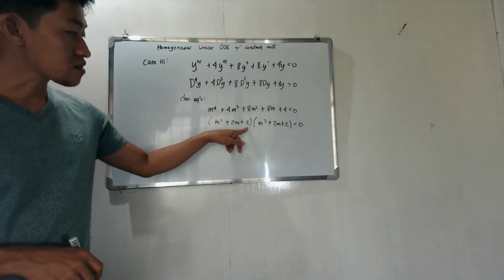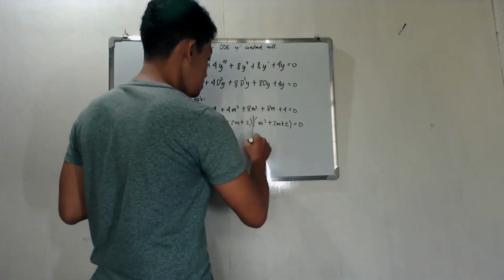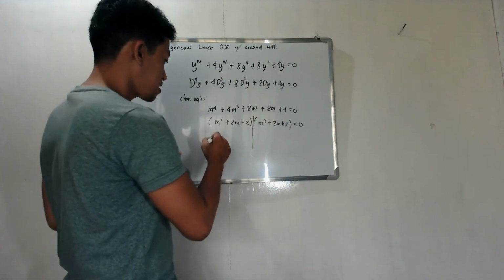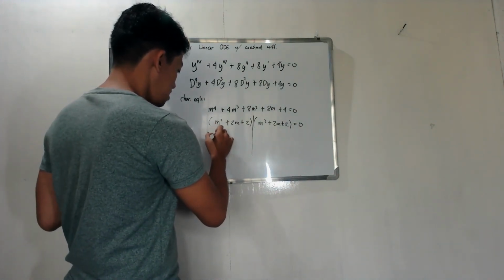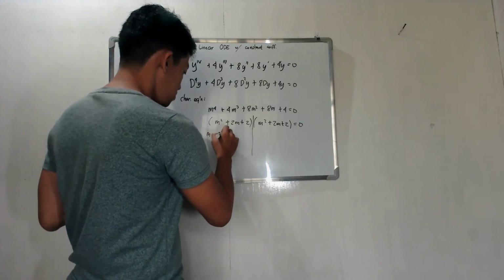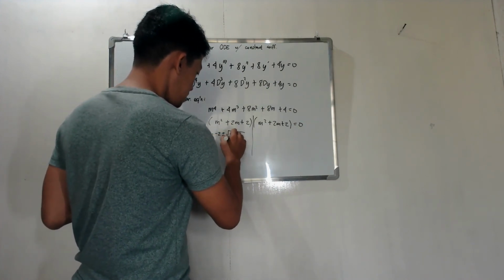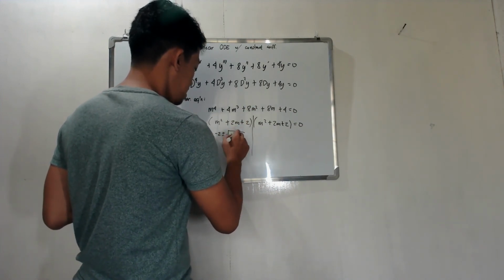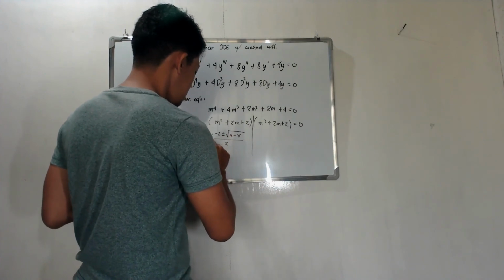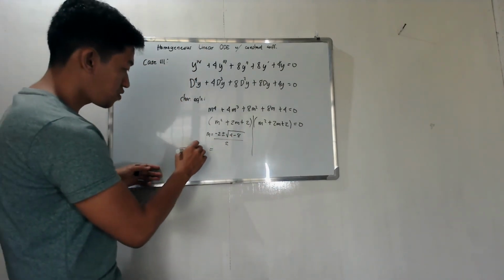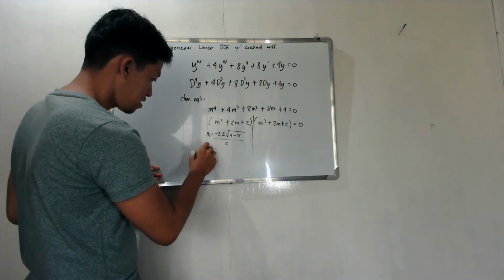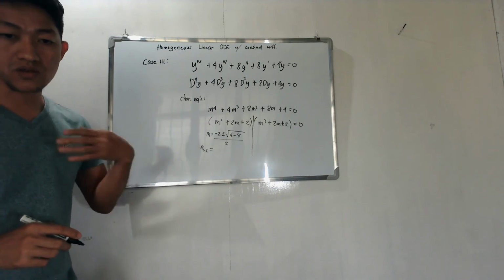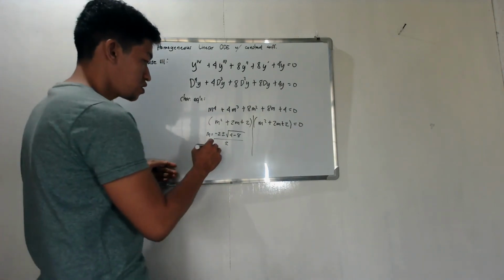Okay, how do you get the root of this one? Again, the root of this one you can get by the quadratic formula, which is m is equal to negative 2 plus minus square root of 4 minus 4 times 2 is 8. Therefore, your roots now, since this is raised to 4, you have 4 roots.